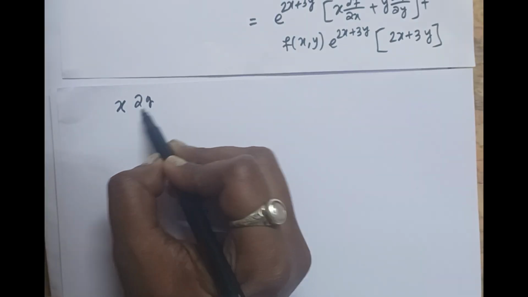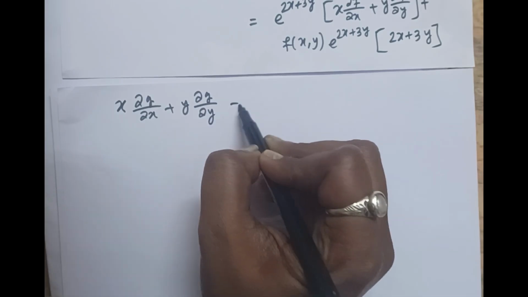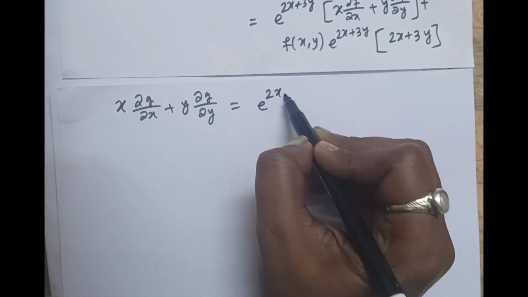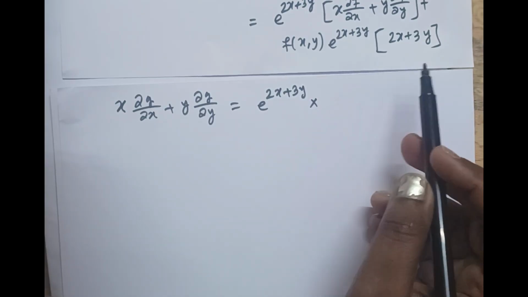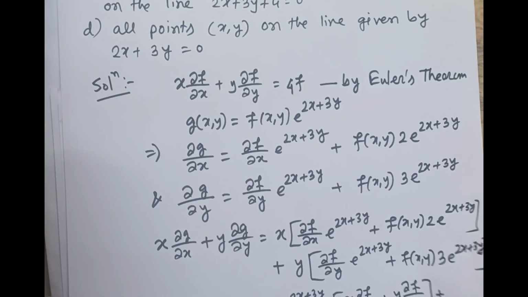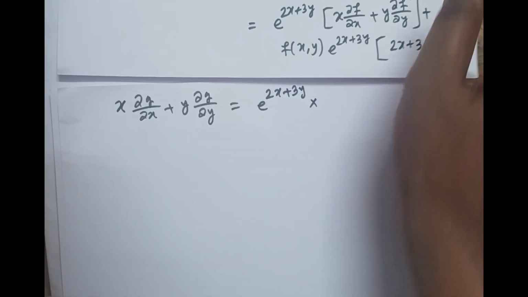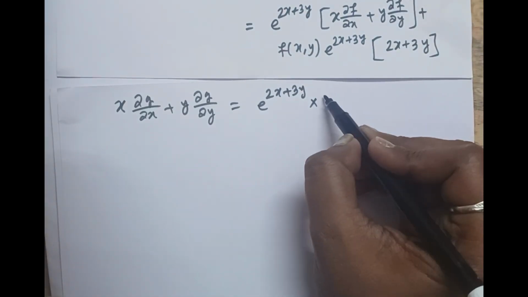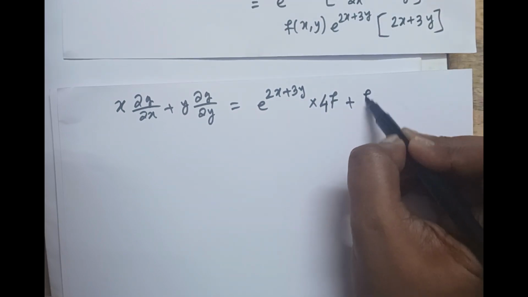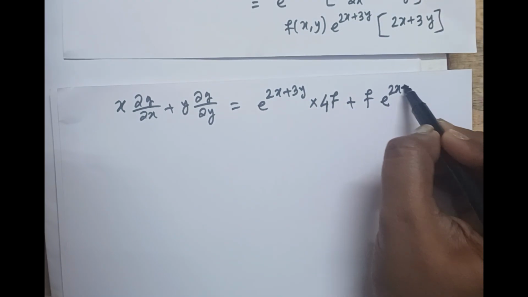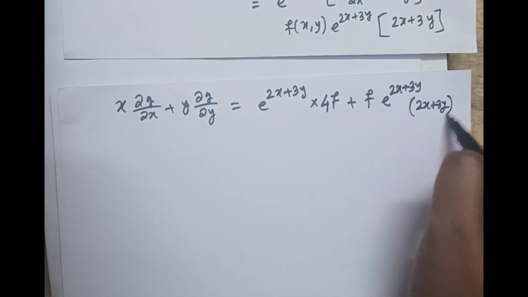So now x ∂g/∂x + y ∂g/∂y equals e^(2x+3y) into, from Euler's theorem, x ∂f/∂x + y ∂f/∂y = 4f. So in place of that we write 4f, plus f e^(2x+3y) multiplied with (2x+3y).